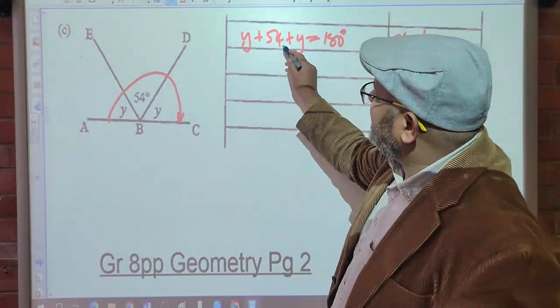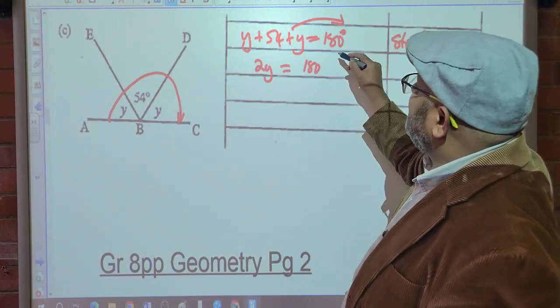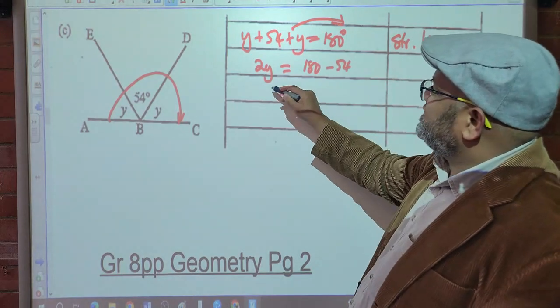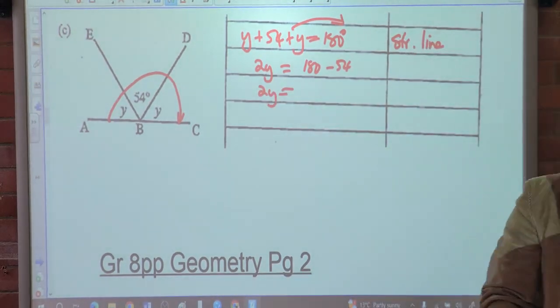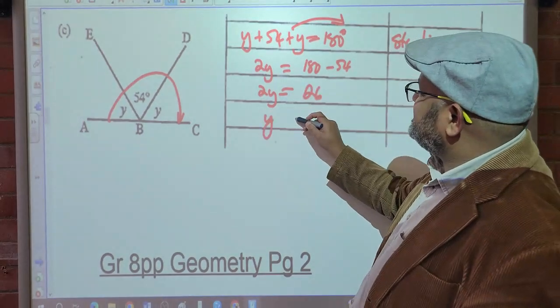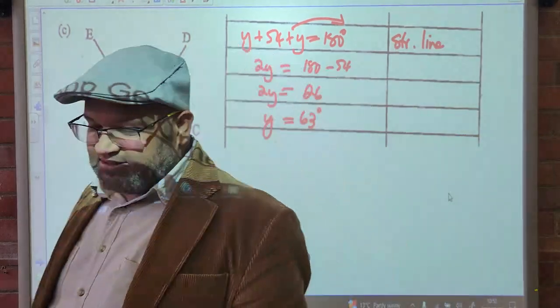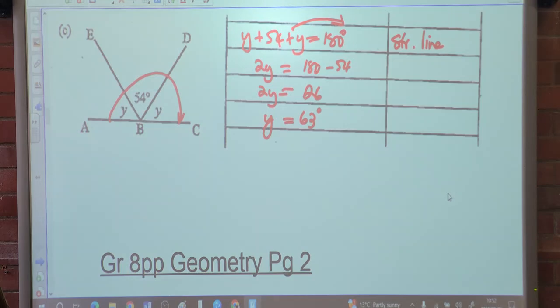So we got y plus y, which is 2y, equals 180 minus 54. What's 180 minus 54? 126. Therefore, y is equal to 63. Easy, no?